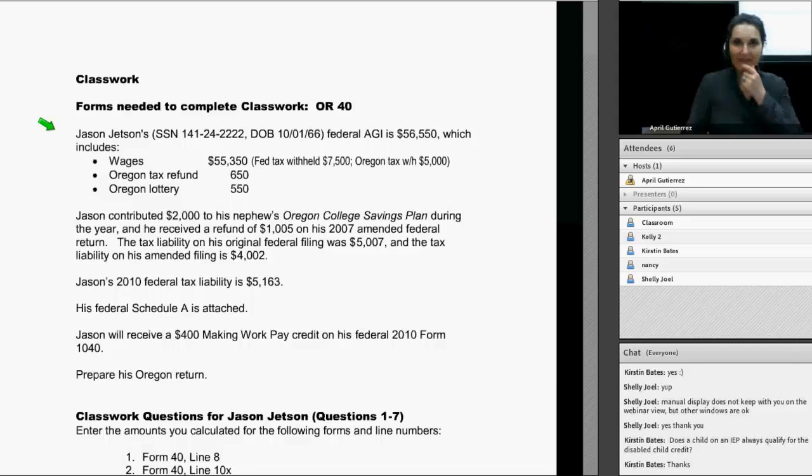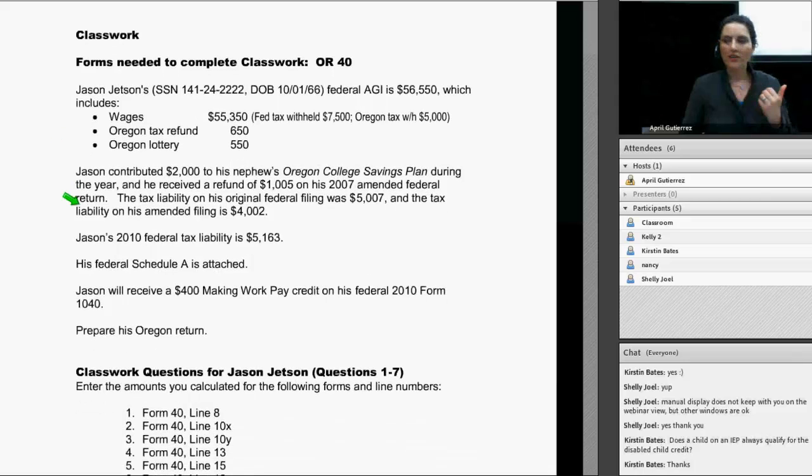It involves a character named Jason Judson. We're showing you his federal adjusted gross income, and it's divided up into these types of income. Wages of $55,350, Oregon tax refund, and the Oregon lottery. Also during the year, Jason contributed $2,000 to his nephew's Oregon College Savings Plan, and he received a refund of $1,005 on his 2007 amended return.